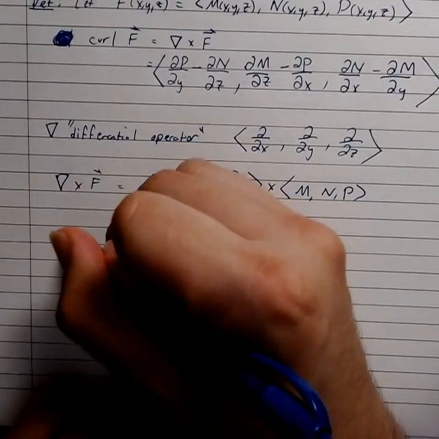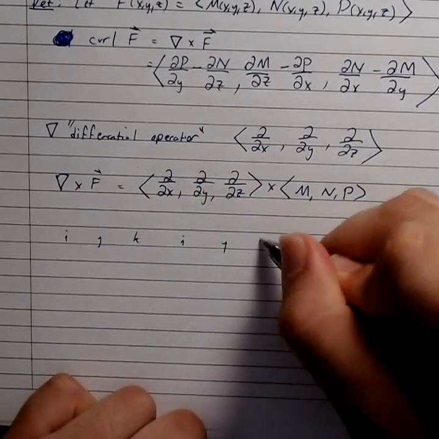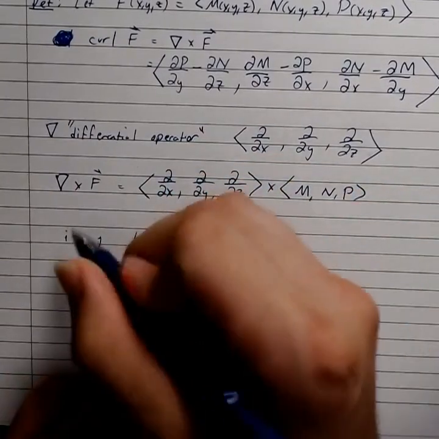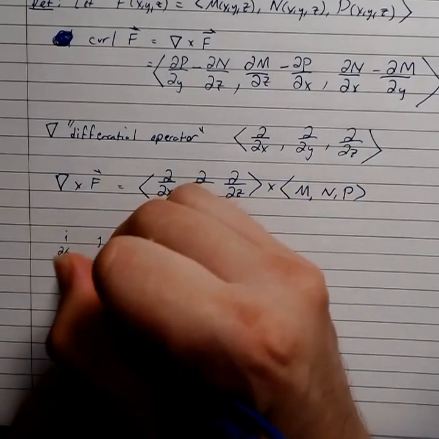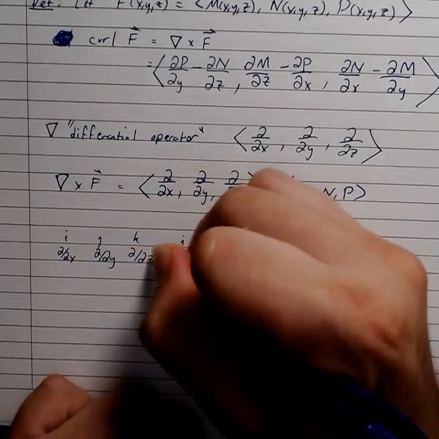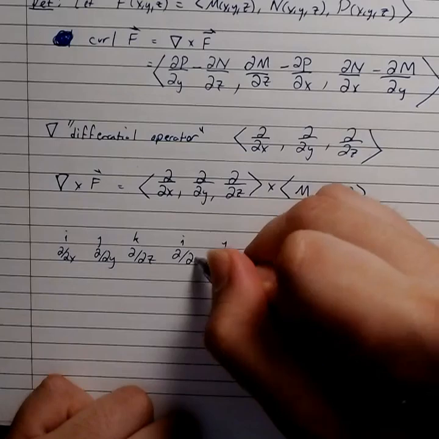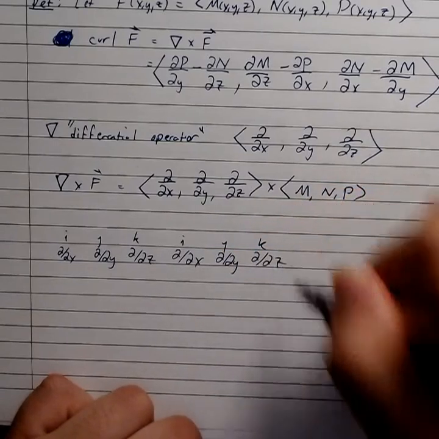Okay, well, we know how to take the cross product of something. We write it this way. We have the i, the j, and the k. Here, these are going to be my first vector components. So I'm going to write del x, del y, del z, and then I'll repeat that: del x, del y, del z.